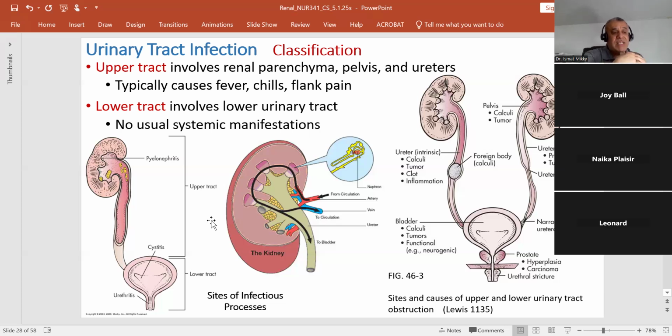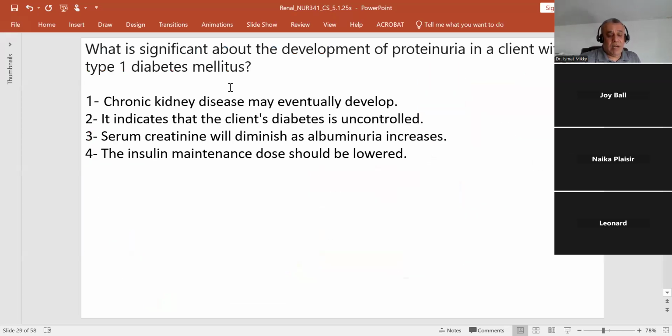One of the major manifestations, given that the upper UTI is more highly vascularized than the lower portion of the renal system, is that patients usually develop systemic manifestations like fever. This spike in fever is more likely with upper UTI than with lower UTI. So that's the difference between upper and lower UTI.